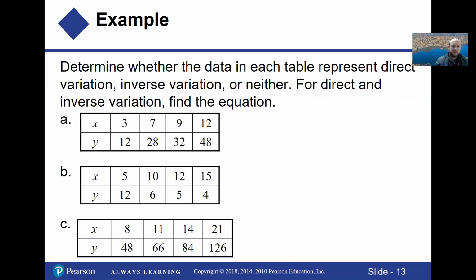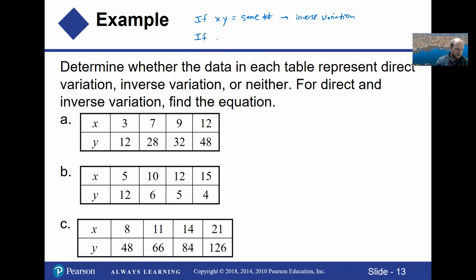If you take your x times your y value, and all of those give you the same number, so if all of these x times y's equal the same number, then that's going to mean that that's an inverse variation problem.